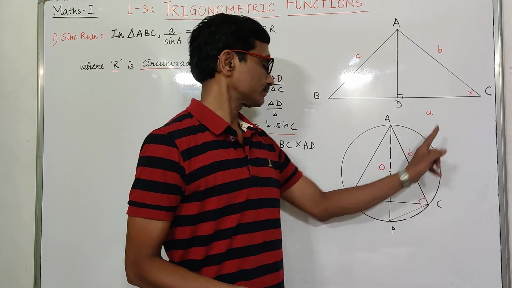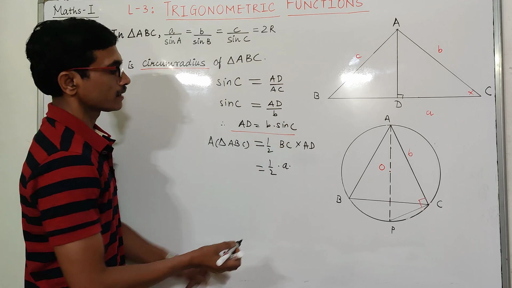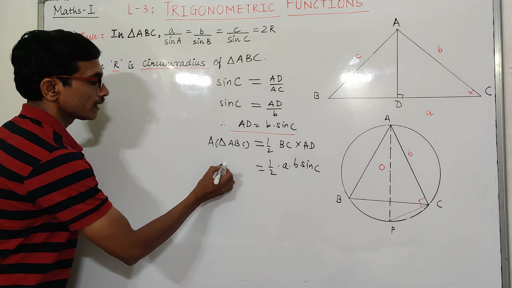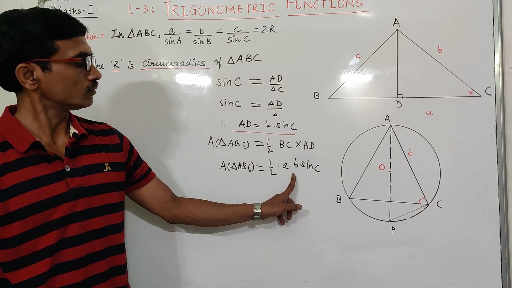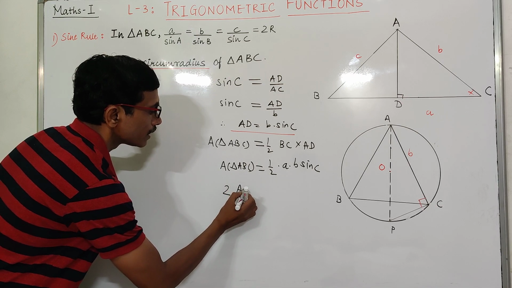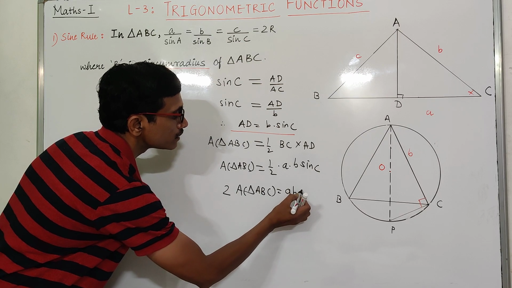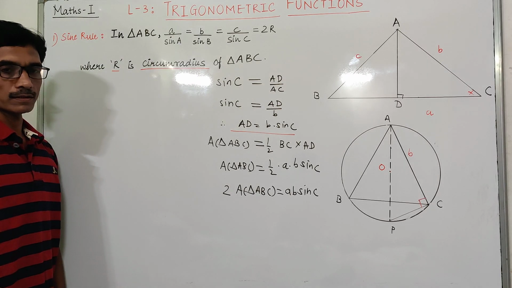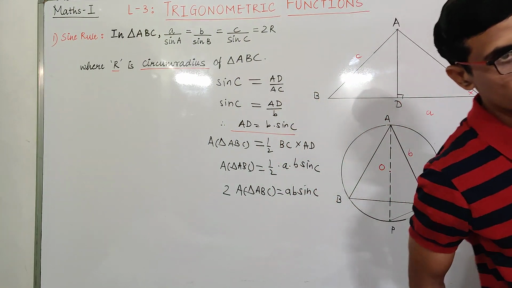BC is equal to a, and AD is b sine C. Thus area of triangle ABC is equal to 1 by 2 ab sine C. We take cross multiplication, that will give us 2 times area of triangle ABC is equal to ab sine C.